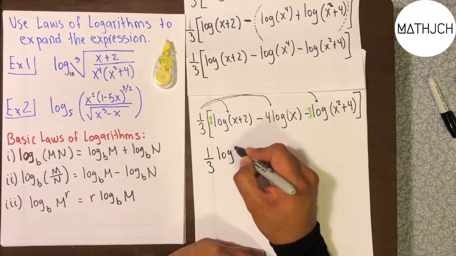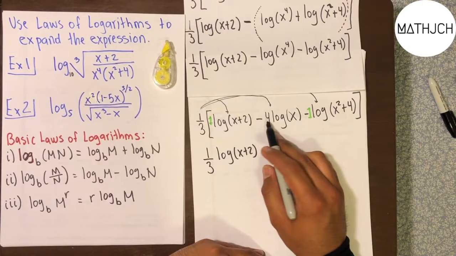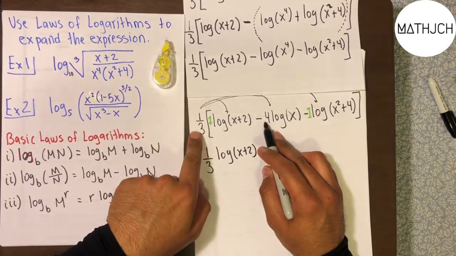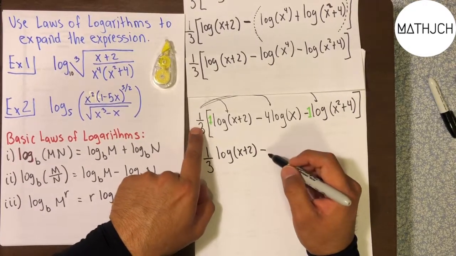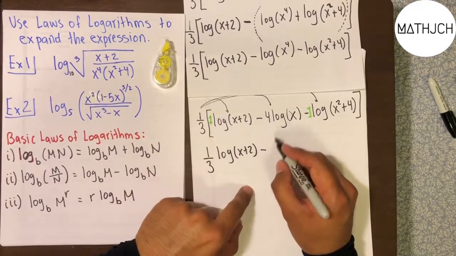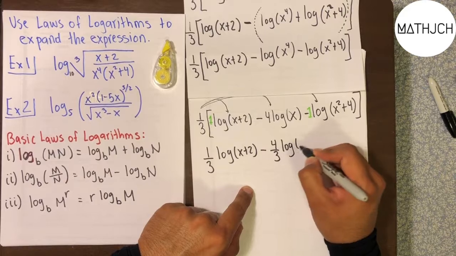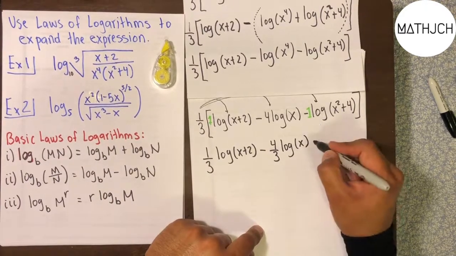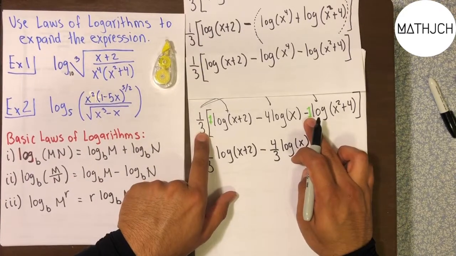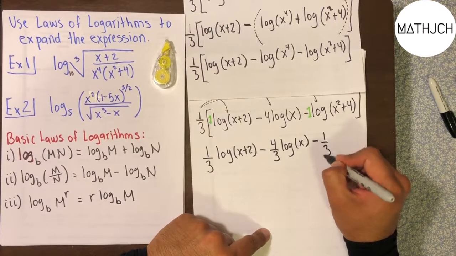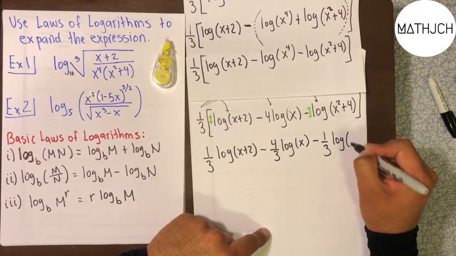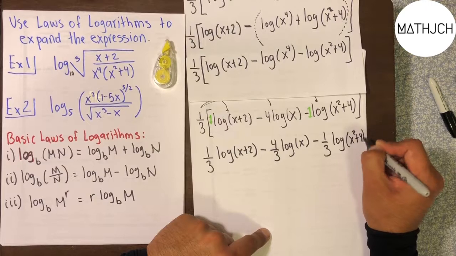And let's bring the log of x plus 2. Now we have a minus here multiplied by a positive, so that will be minus. And 1/3 multiplied by 4 will give us 4/3. And let's bring the log x next to it. Minus 1/3 multiplied by 1, simply 1/3. And let's bring log of x squared plus 4.